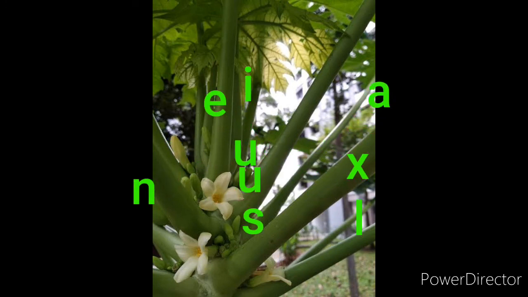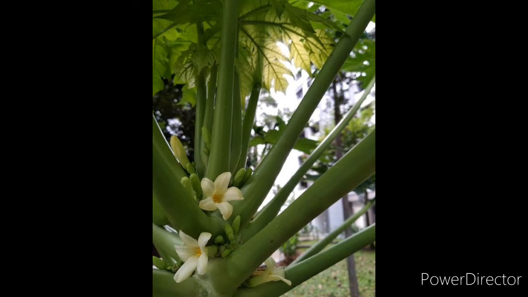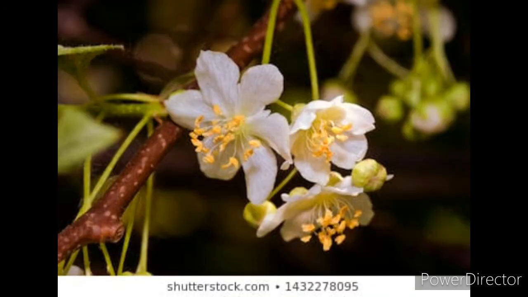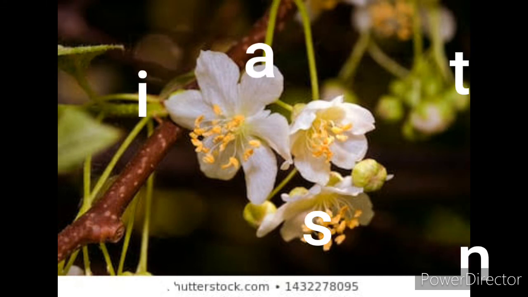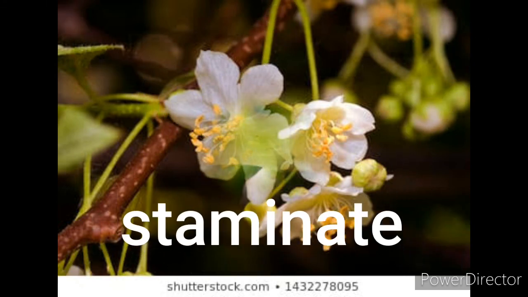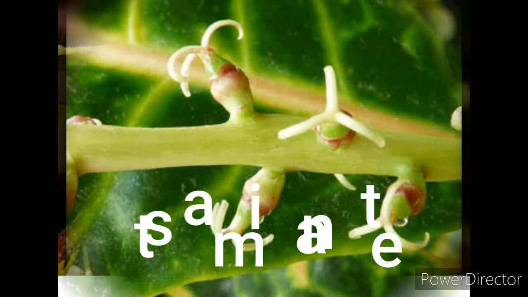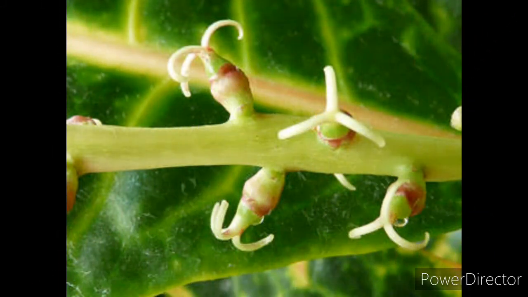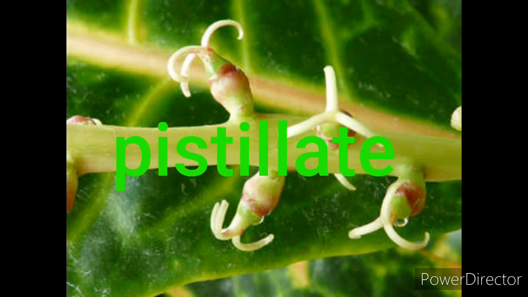Examples are papaya and palm. A unisexual flower which contains only the stamen is called the male or staminate flower. The flower which contains only the carpels is called the female or pistillate flower.